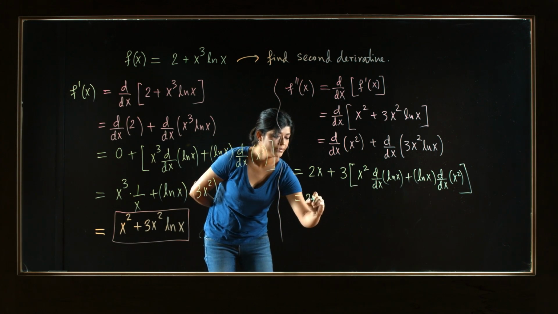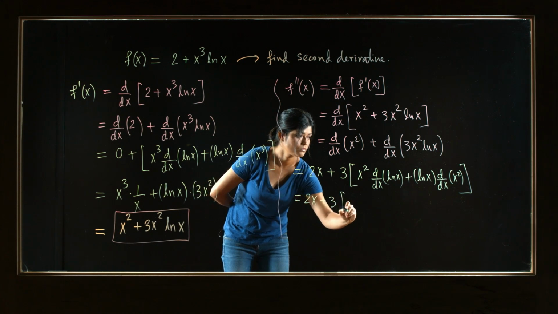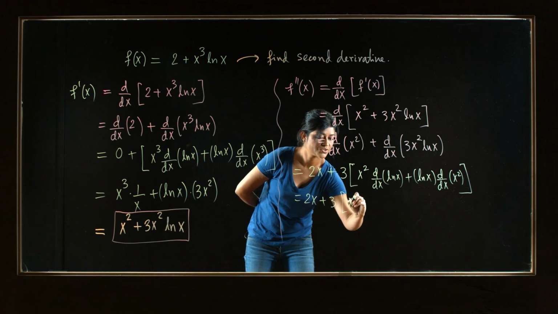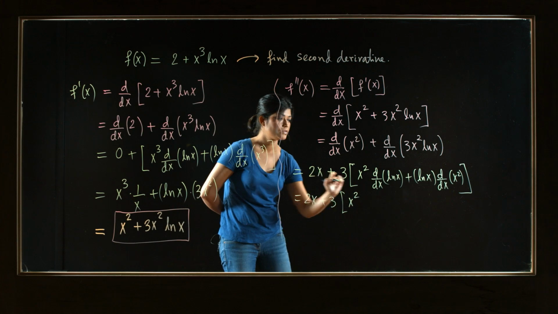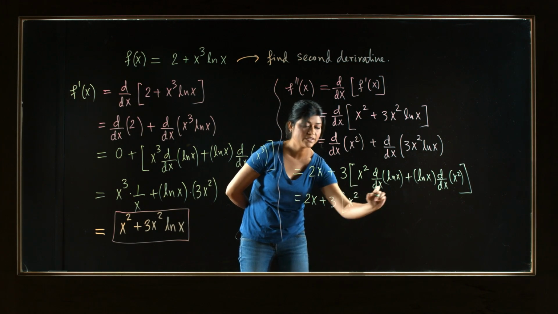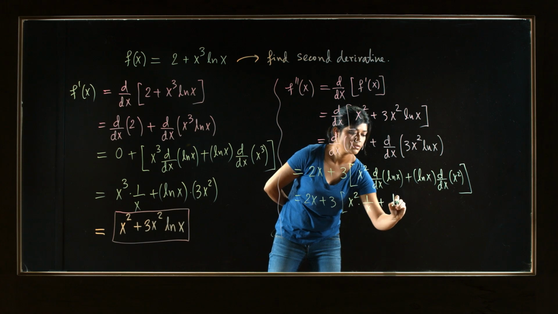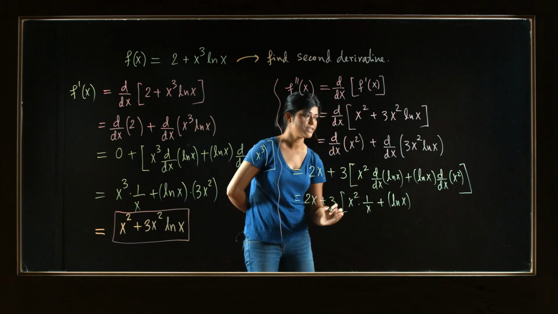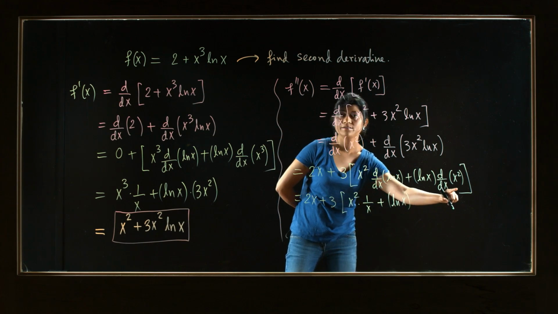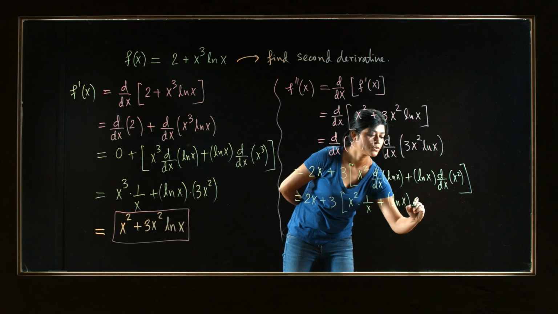So let's simplify. Here, x squared, just leave it. d dx of ln of x is 1 over x, plus, keep natural log of x as it is, and the derivative of x squared, power rule again, is 2x.